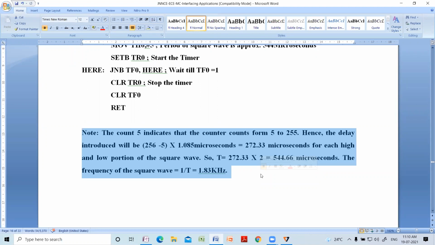So 256 minus 5, that is 251 into 1.085 microsecond gives you 272.33 microseconds for each pulse, high as well as low. So you are going to get the period as 544.66 microseconds.